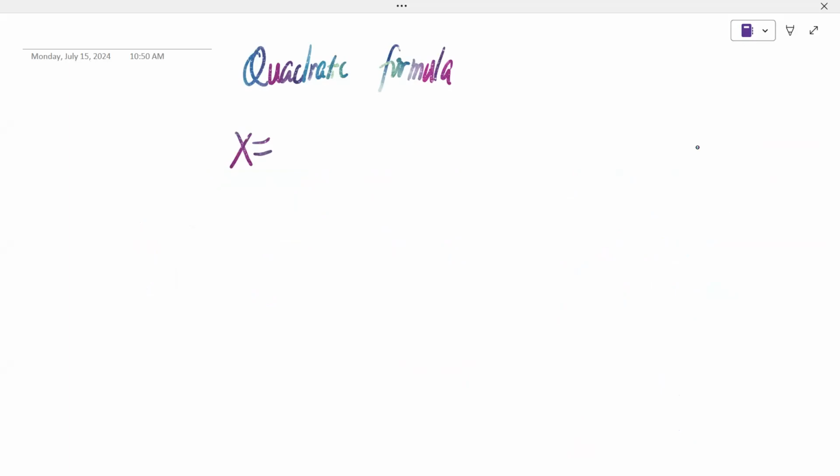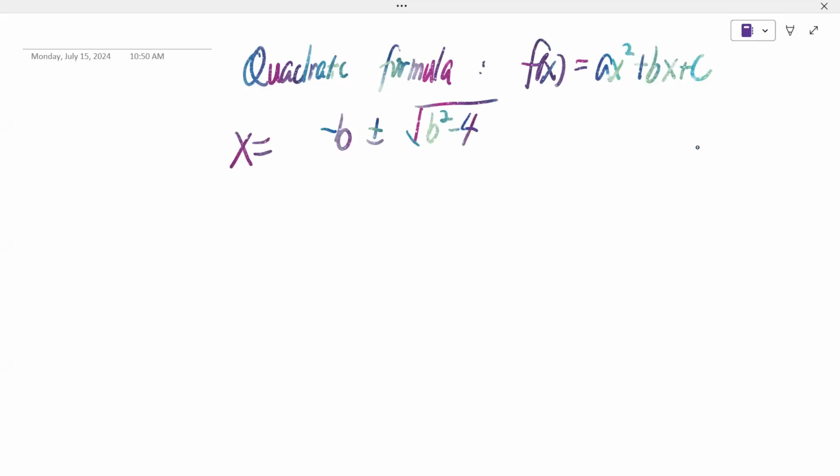So let's say we have f of x equal to ax squared plus bx plus c. The quadratic formula looks like this: x equals minus b plus or minus the square root of b squared minus 4ac, over 2a. That's basically the quadratic formula.